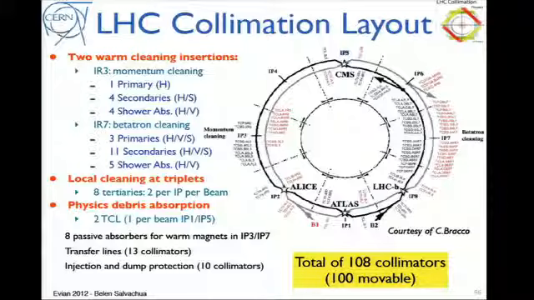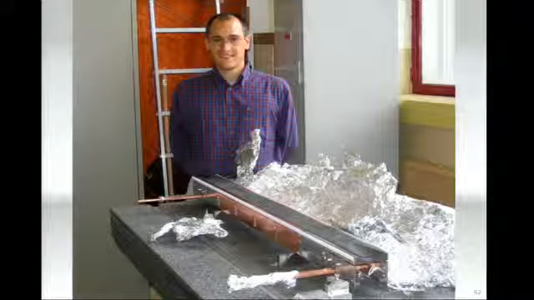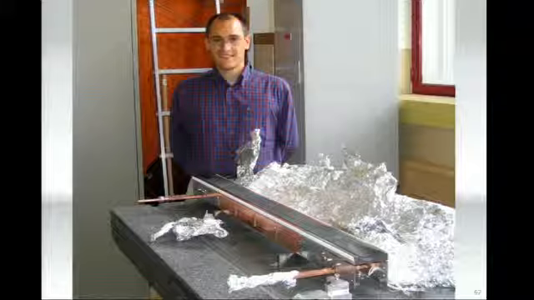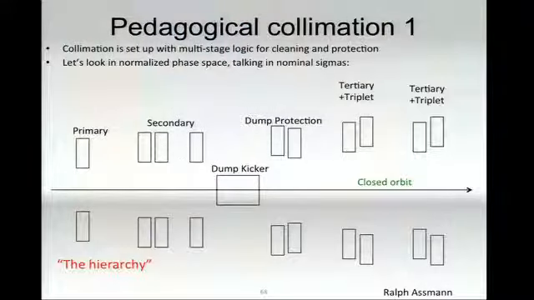There's a handsome young man standing in front of a collimator jaw. This is about 1 meter long, and these are going to come in two-sided, so horizontal, vertical, or skew. I do pedagogical collimation, courtesy of Ralph Assmann, to explain the hierarchy. So these guys are going to be divided into primaries.